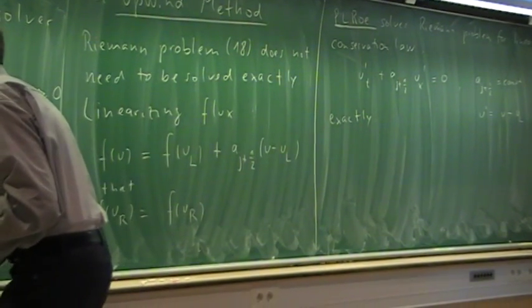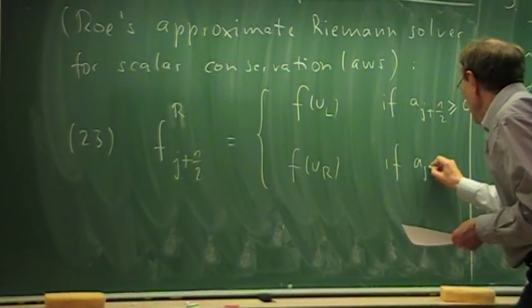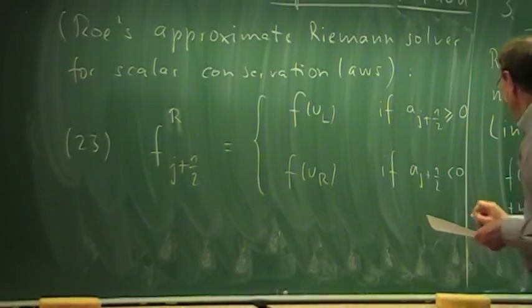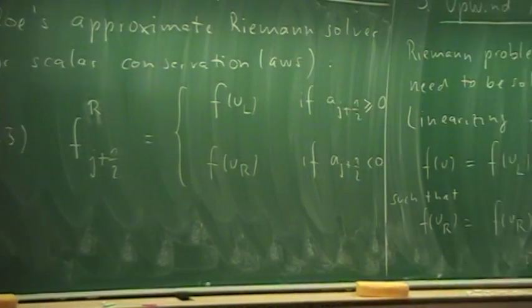And that is the case if we have the AJ plus 1/2 negative. So in that case, we will have the flux determined by the value to the right. So again, it is quite natural for an Upwind method to do so, but the catch is that we use this AJ that we get from this condition here.